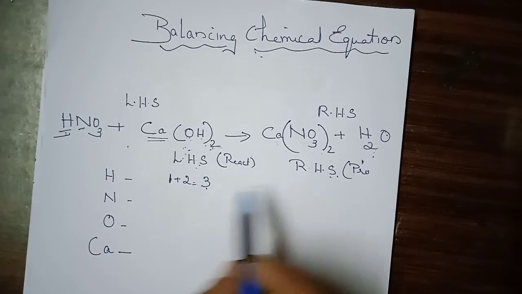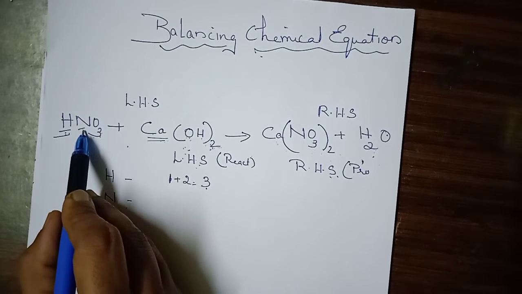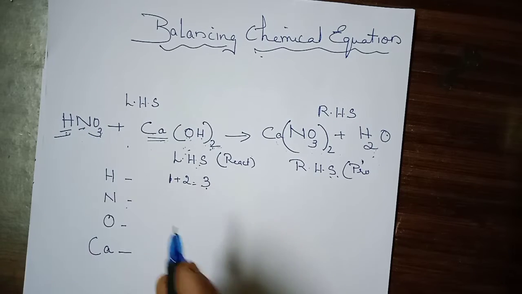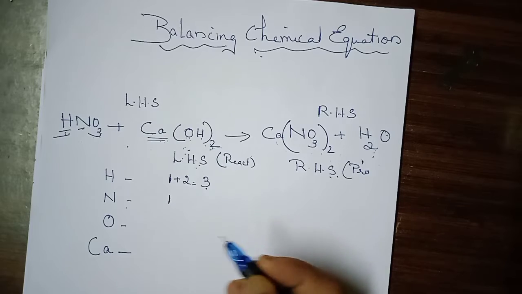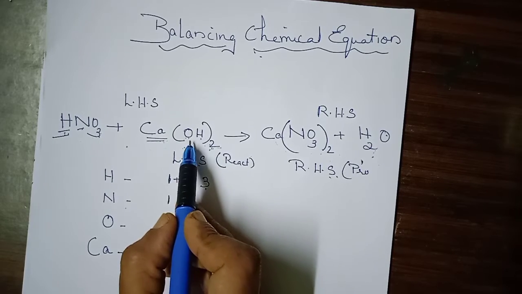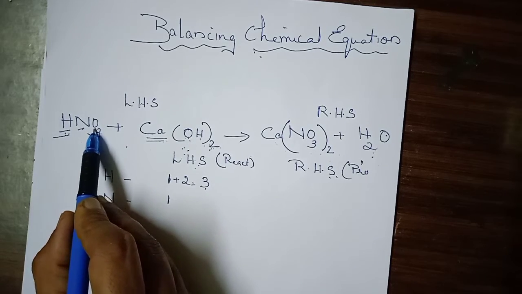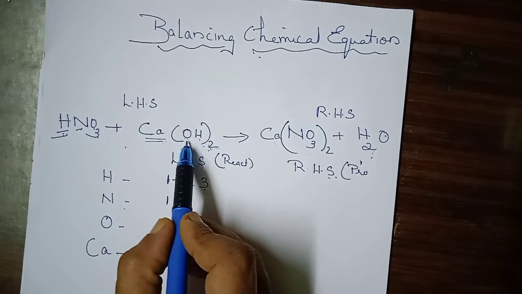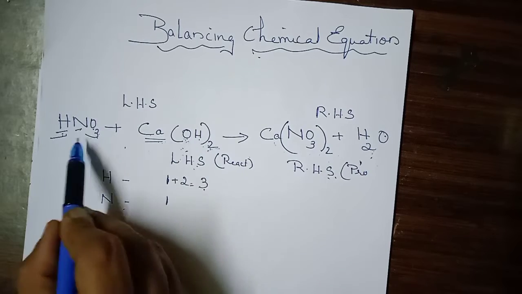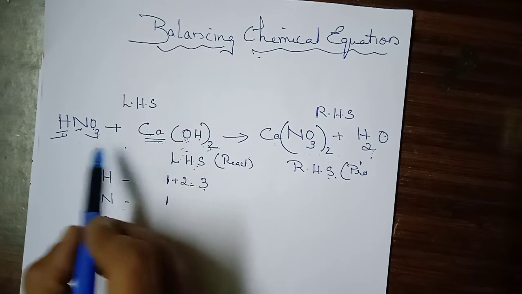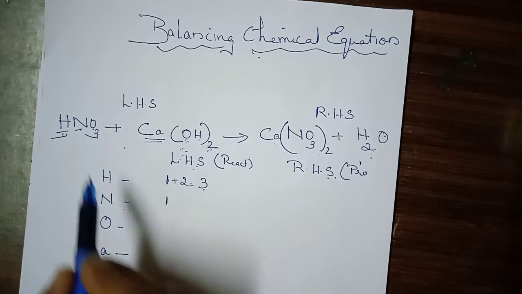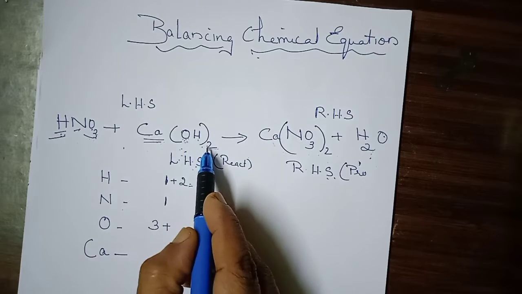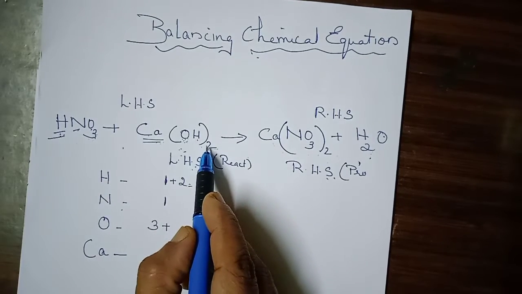Next is nitrogen. Here we have only 1, that is, the number of atoms of nitrogen is 1. So let us write 1. The next is oxygen. We have oxygen in nitric acid, as well as in hydroxide. So let us count how many oxygens we have here. Here we have 3 atoms, so let us write 3, plus here we have 2, that is, the number of atoms of oxygen is 2.